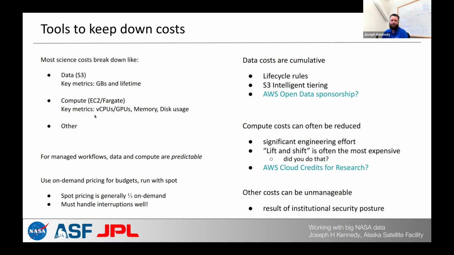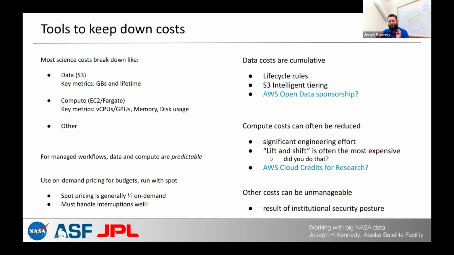On the compute side, what you need to know is how many vCPUs or GPUs you are going to use, how much memory, and how much disk. That tells you what instances you can use, or how well Fargate is going to work for you. Once you know those, you can predict compute really well, and you can start to think about how to change your workflow. If I can reduce memory here, I can get below this threshold, which means I can use a cheaper instance.